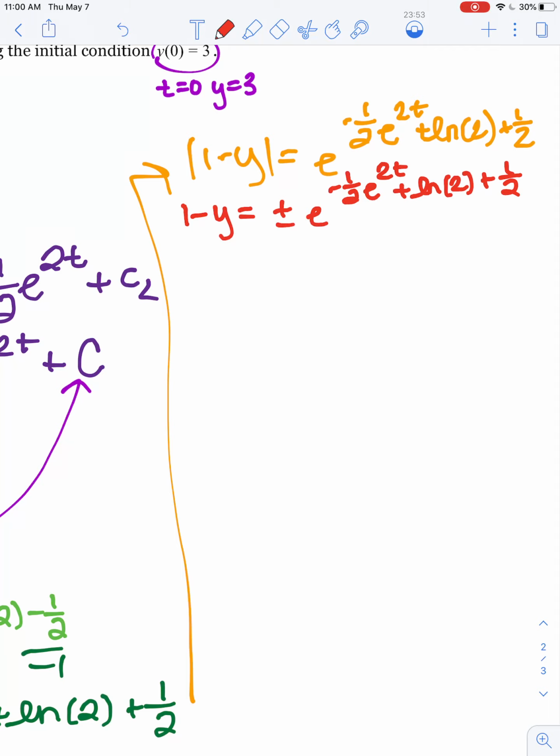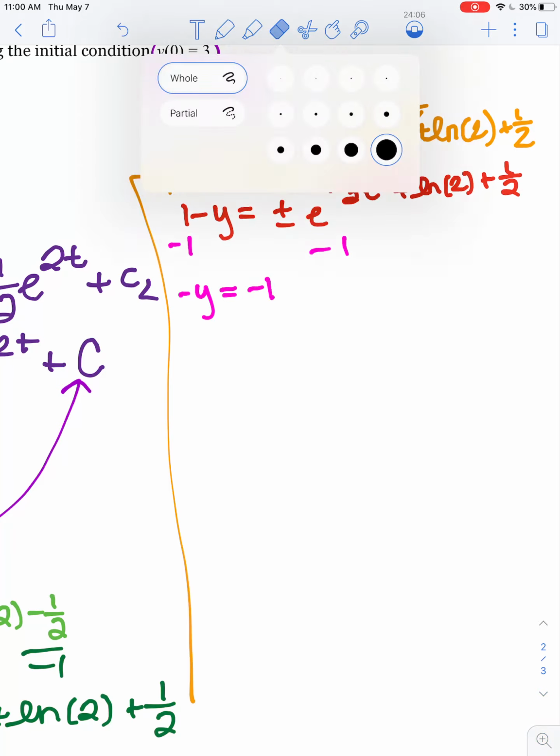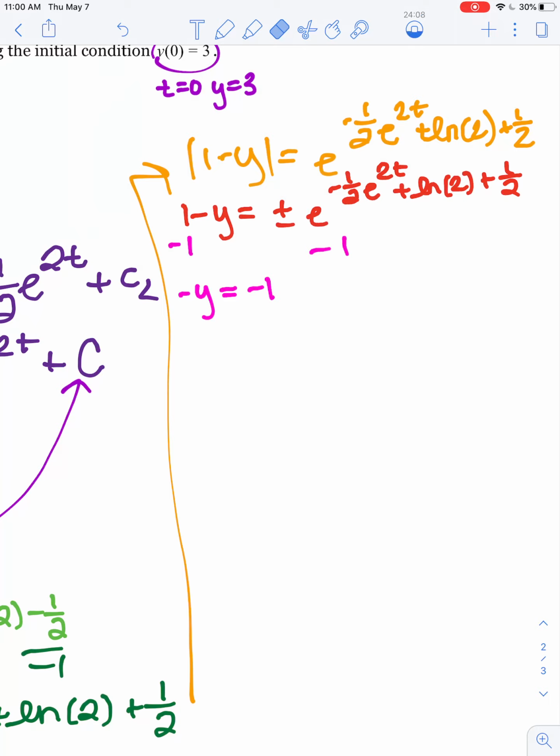So we'll continue to work to isolate y. We'll subtract 1 over to both sides. That will give us negative y equals, and I'm going to write the negative 1 first so I don't get confused as to whether or not that negative 1 is in the exponent or a constant being added to it. It is a constant being added to it, so I want to make sure I communicate that super clearly.